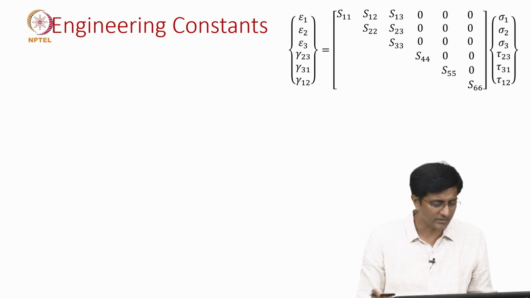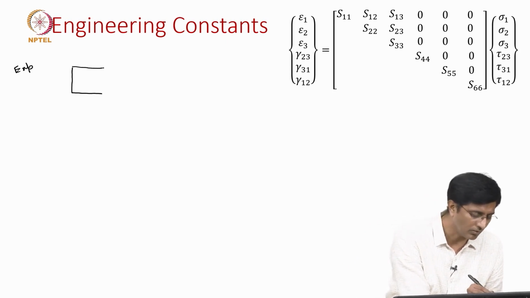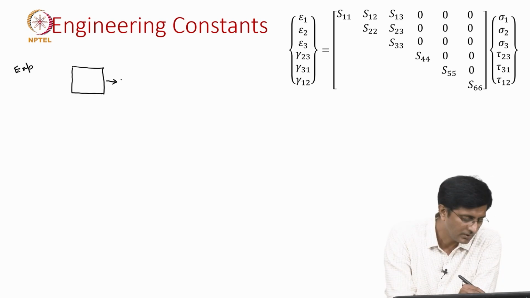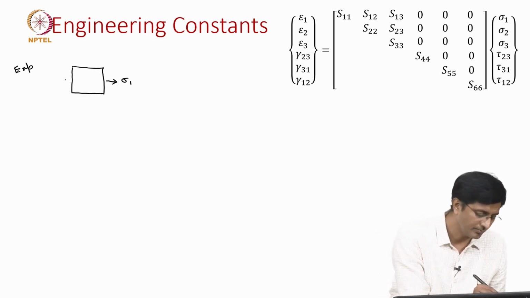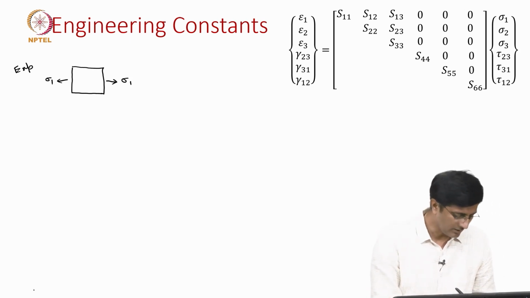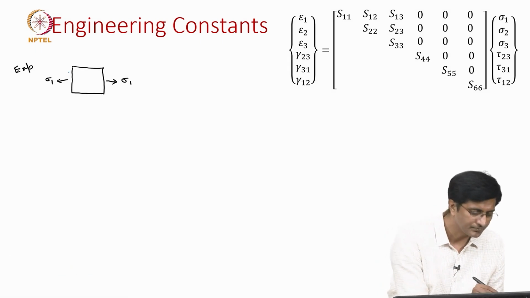So, let us start with an experiment where we are only looking at this block in the 1 2 plane. Let us say sigma 1 is the only applied load. For this load, let us say it deforms to a new position, something like this.